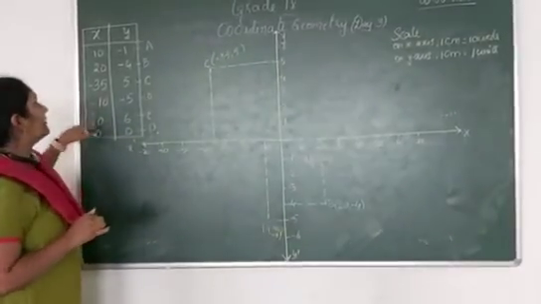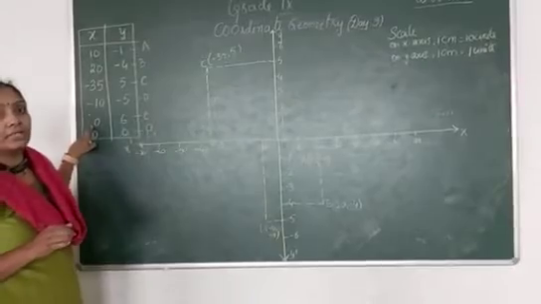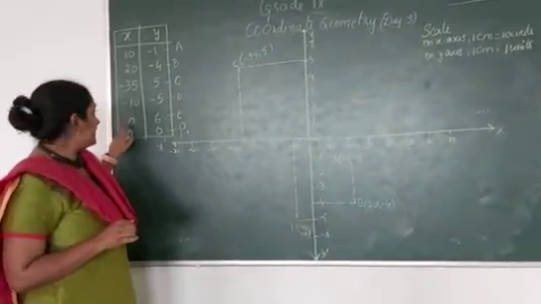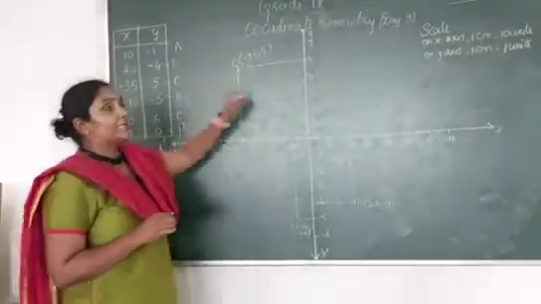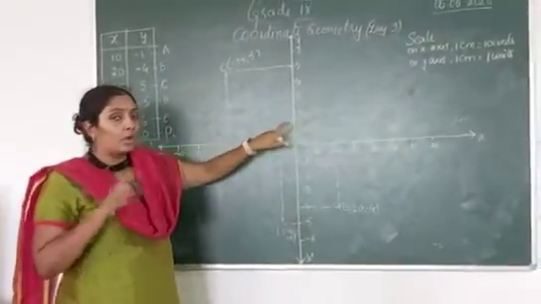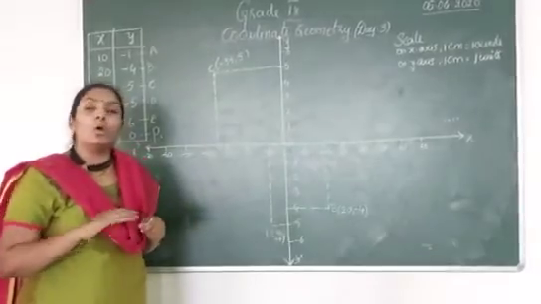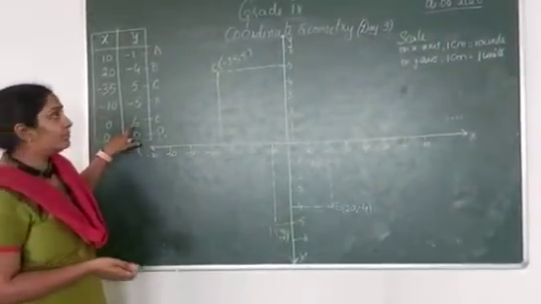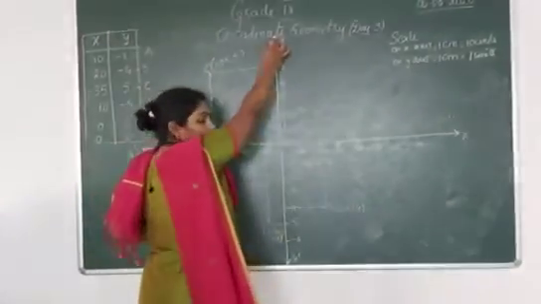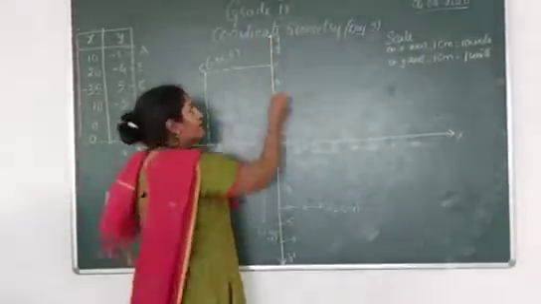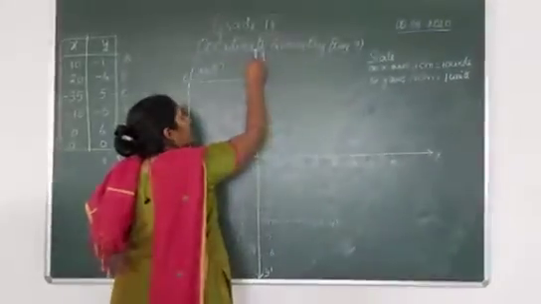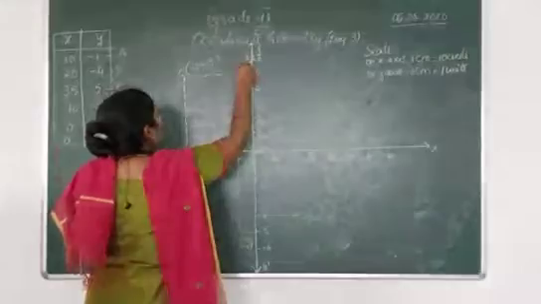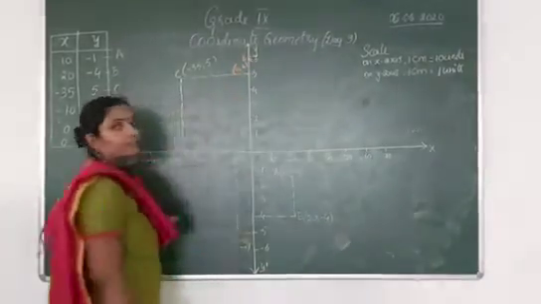So when we have the x coordinate as 0, that means that particular point is lying on the y-axis, because on the y-axis the x coordinates will all be zeros. Hence this is a positive value, so this goes on the positive y-axis, and hence this particular point is the E point, right? And the coordinates are 0, 6.